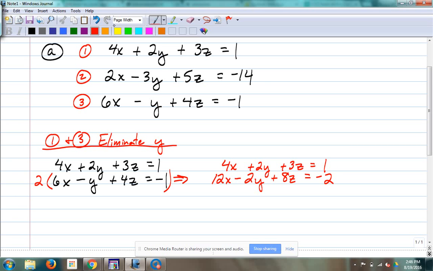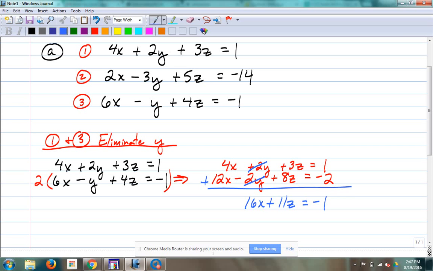Make sure I copied everything right. Yeah. Then eliminate by adding these 2 things together. That's going to be 16x plus 11z equals negative 1. I'm going to scoot that 16x over here so it looks like it's supposed to look. We've got an equation that has an x and a z in it.